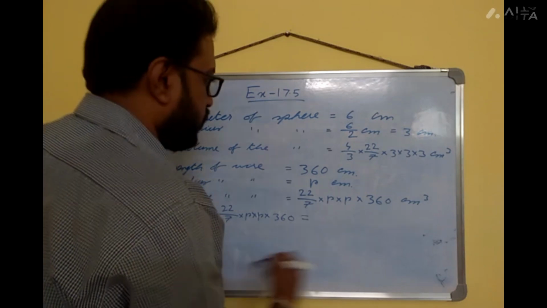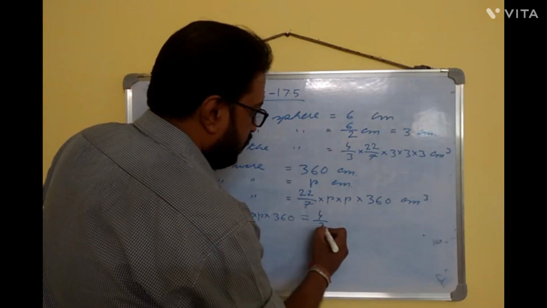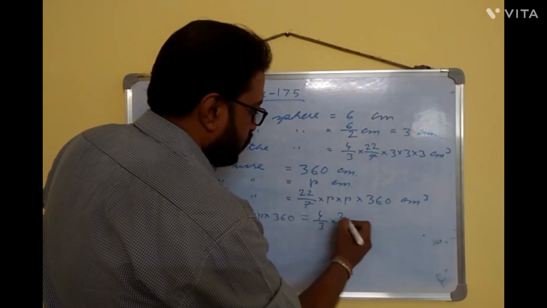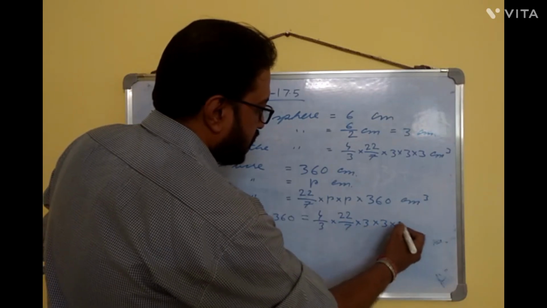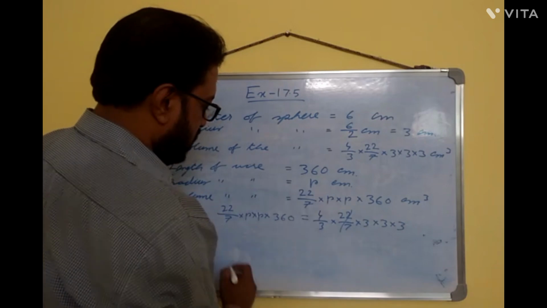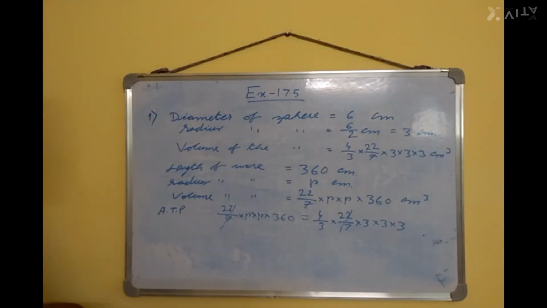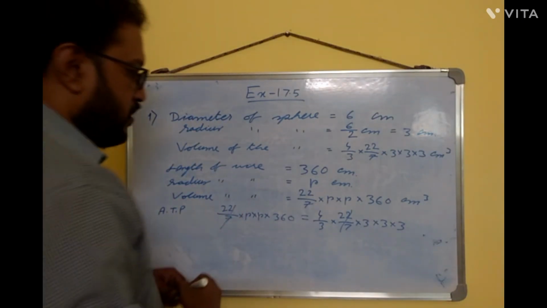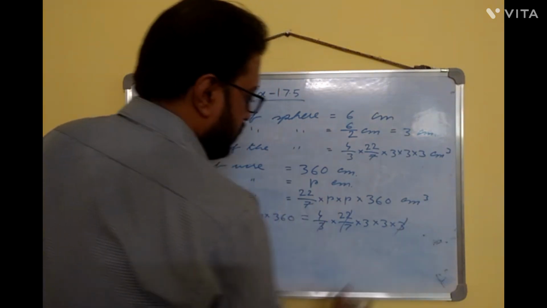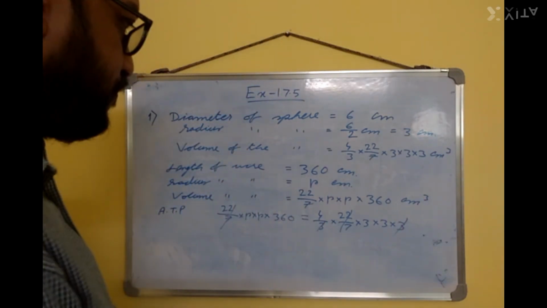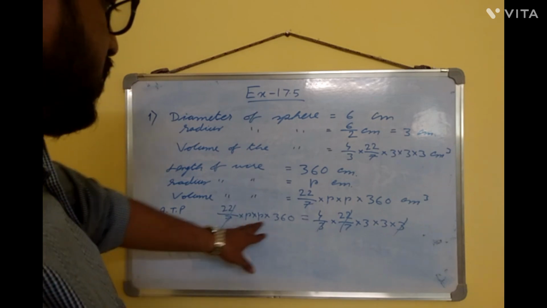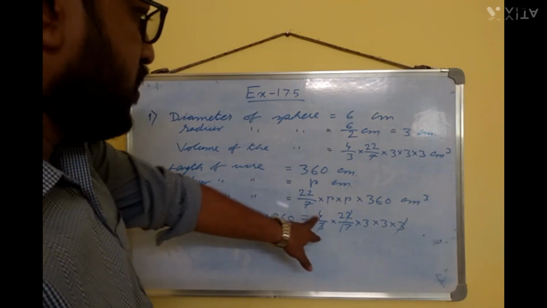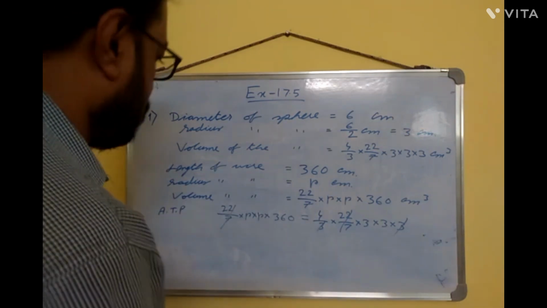So that is why both are same. 4/3 into 22 by 7 into 3 into 3 into 3. So 22 by 7 both sides gone. Sorry, 3 from both sides gone. So what is left with me? It will be R square and here this much.